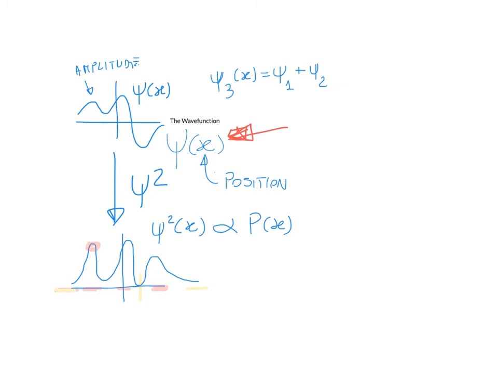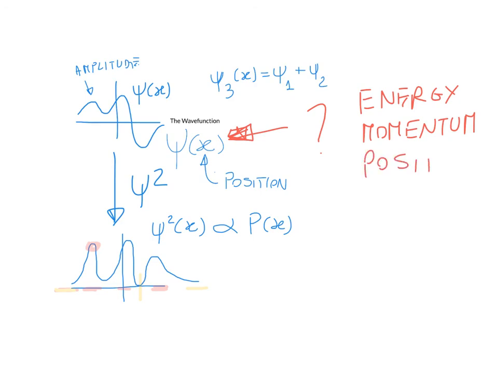So the question is, how do we find things like energy, position, momentum, or any other property of my system? So how do we find that?